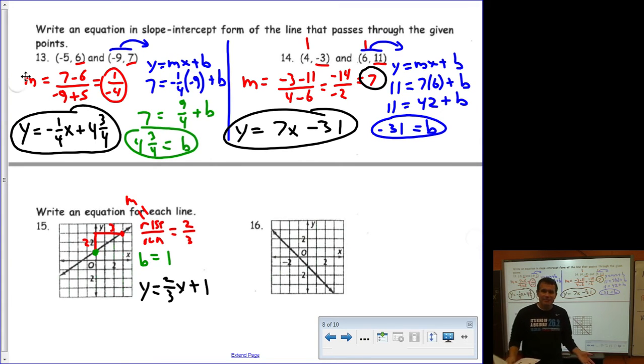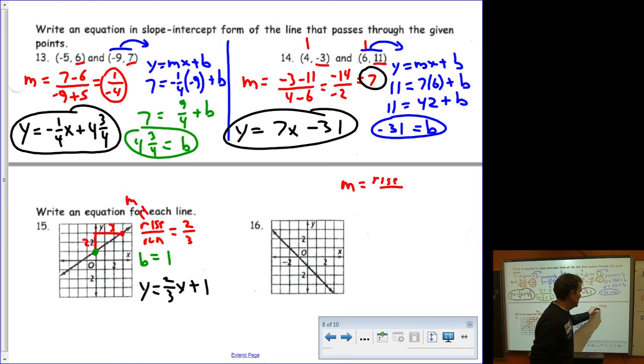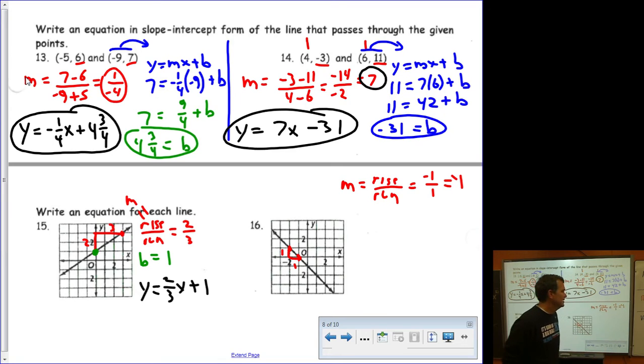Number 16, I need to use the graph to figure out the slope and the y-intercept. The slope of this line would be equal to the rise over the run. So let's pick this point and this point. That's easy. It looks like the rise is down 1 and the run is over 1, making the slope -1.